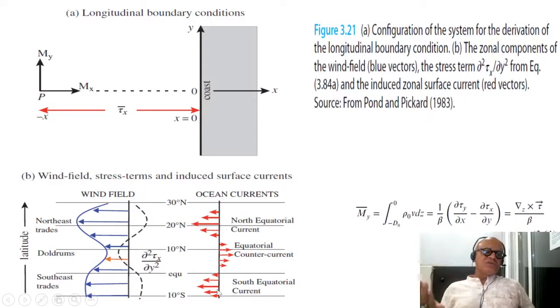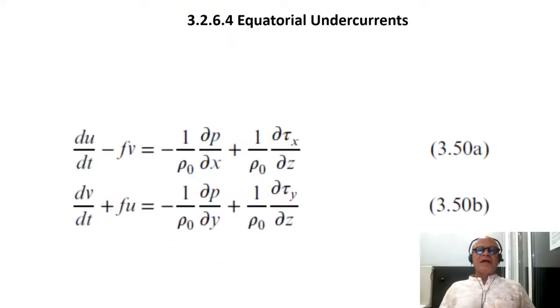Because Sverdrup balance has a beta, you can integrate it at the equator, and it gives you the equatorial countercurrent as well. Fantastically simple and dynamically useful, but of course it has all sorts of limitations as well, such as only one boundary condition being applied.